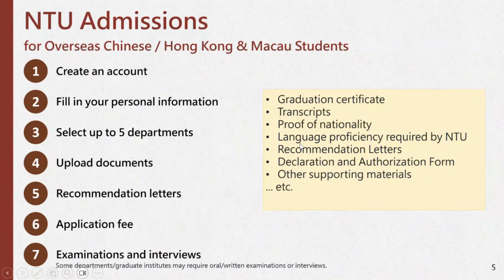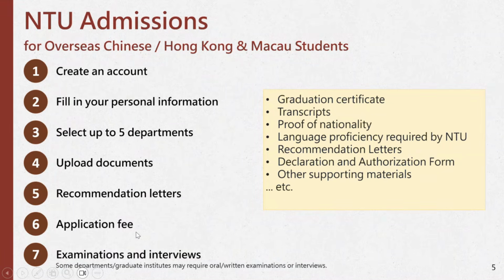But for the documents required by the departments, each department will set different criteria. Some will need a recommendation letter, some will not. You can see this information on our website. You also have to pay an application fee.